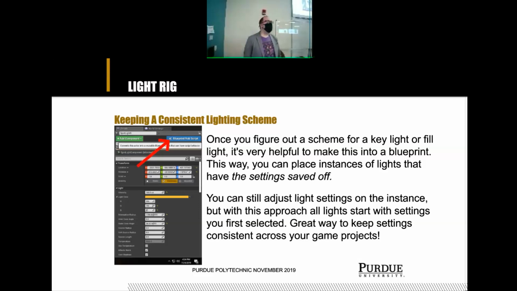So you save off those parameters. So every time you drag in that new light blueprint, you're getting the same parameters, and you can still adjust the parameters on the instance. So if you need to change something, you can. But now at least you're starting to achieve some consistency.